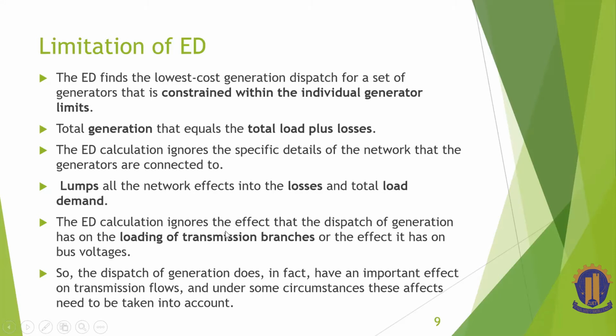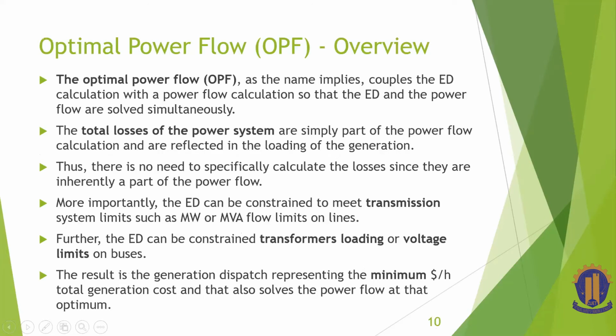So in the economic dispatch problem, we consider the bus voltage to be the same 1 per unit at each point. So the dispatch of generation does in fact have an important effect on transmission flow, and under some circumstances this effect needs to be taken into account. And here the optimal power flow comes in, to overcome this limitation.